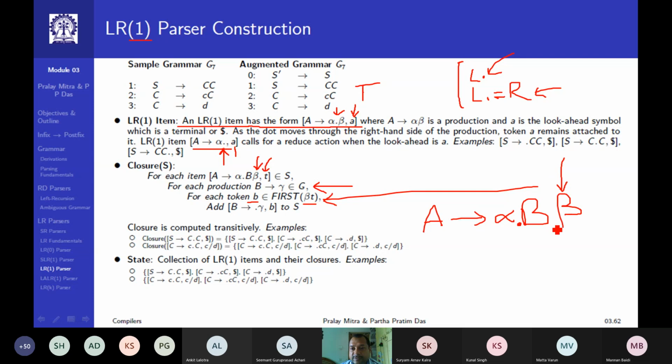First of this beta means it will be at the beginning, just right after this B. Now if they occur just right after this B, which indicates that if my dot is here and these first terminal symbols are my look ahead, then I will reduce to B first, then I will move.